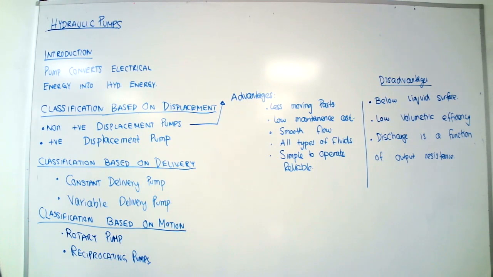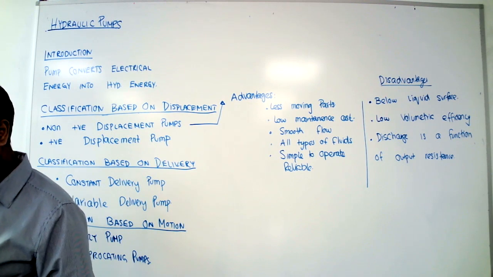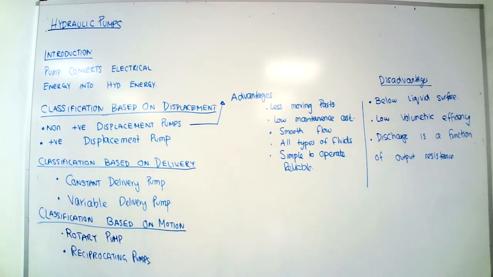Now, if we have a look at the positive displacement pumps, they have very little slip. They are self-priming, and they can pump against a very high pressure. But the issue with these is their volumetric capacity is low, because they are positive displacement, so they have a very close clearance between the rotary and the stationary part.